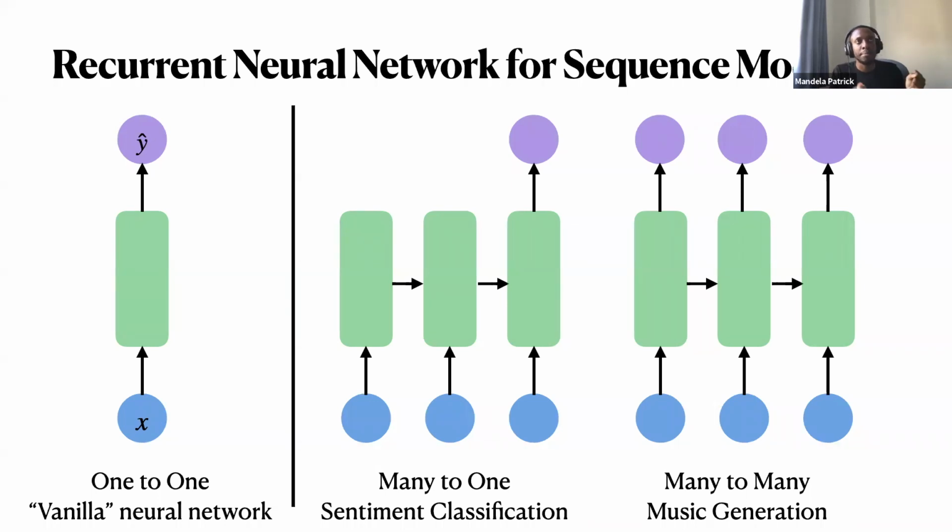So given some sequence of musical notes, we want to predict the rest of the musical piece. These are what we call many-to-one and many-to-many relationships. In both these cases, there is some temporal aspect to it, and we want to be able to model the time in these sort of data. And therefore, recurrent neural networks are the de facto method.